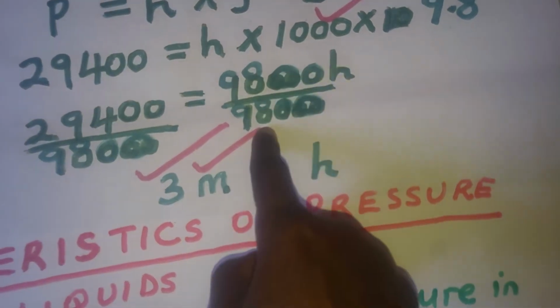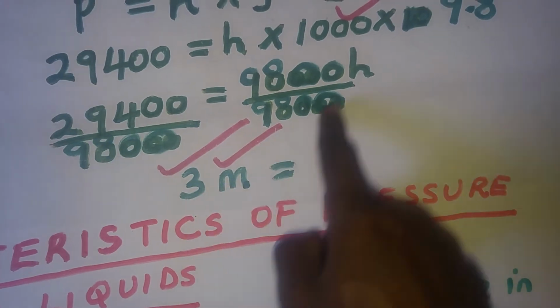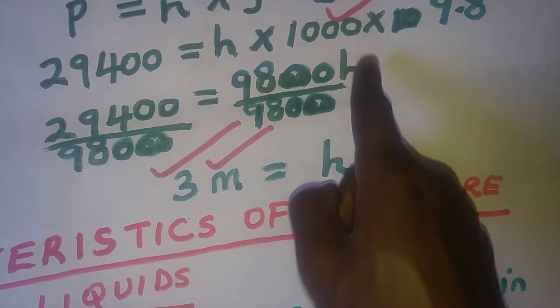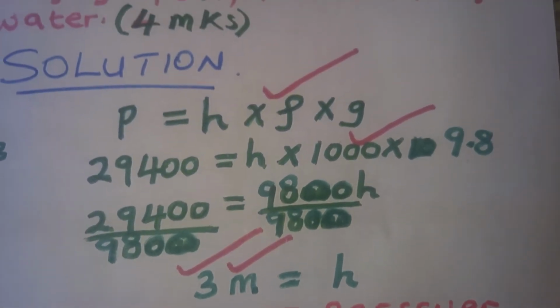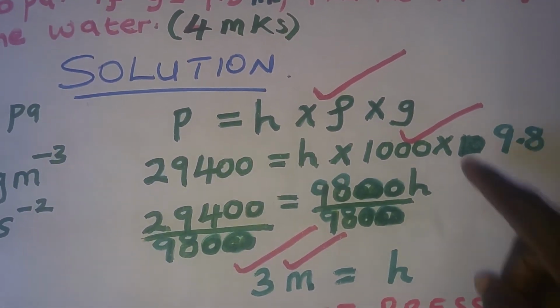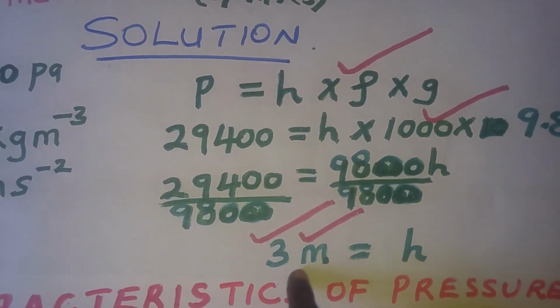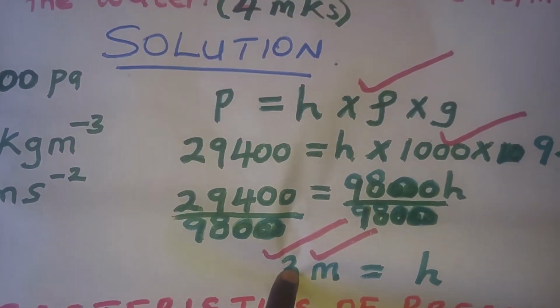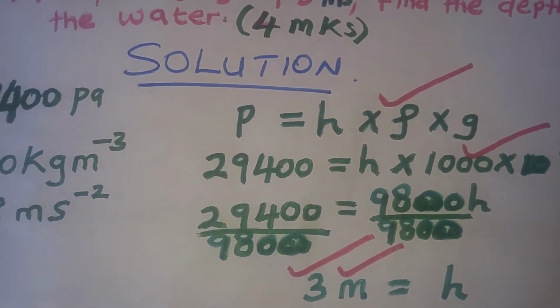So these ones will cancel, you remain with the H. Then when you divide these two, you get 3. H is the height. The SI unit of distance is meters. So since we have 4 marks here, we have 1 for the formula, 1 for substitution, 1 for the correct answer for H, which is 3, and then 1 for the units, which is meters.